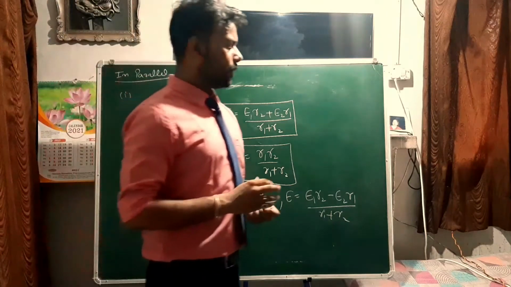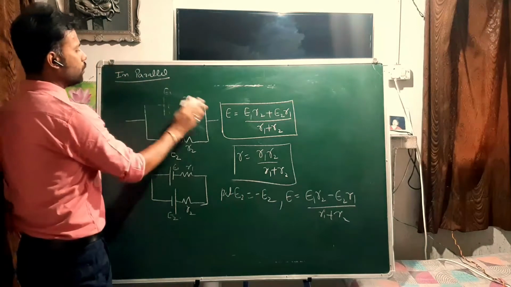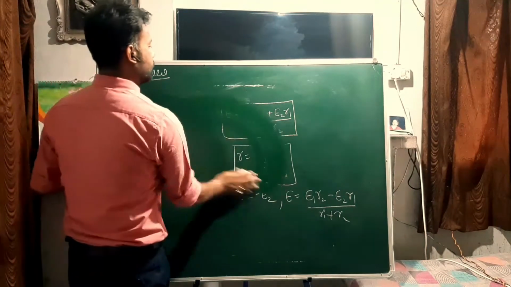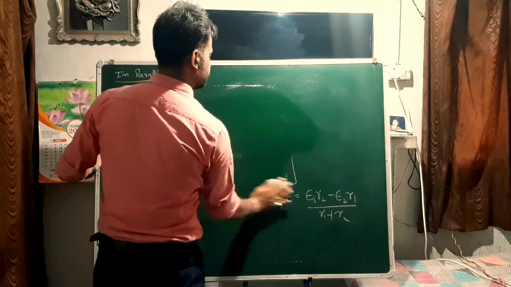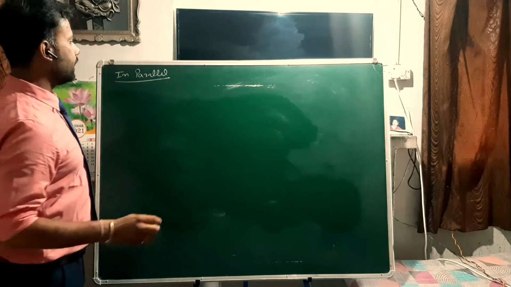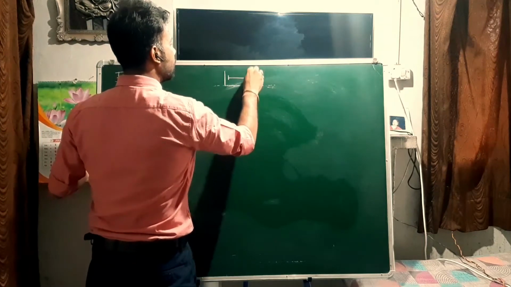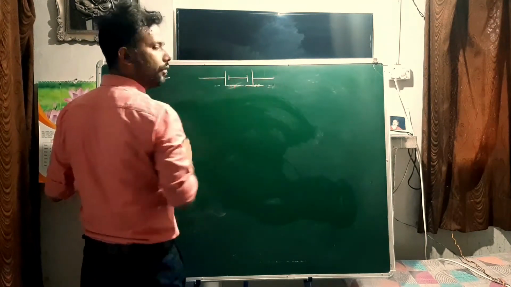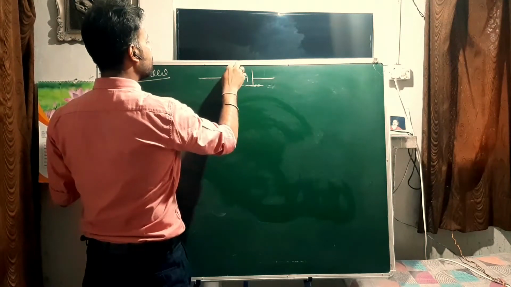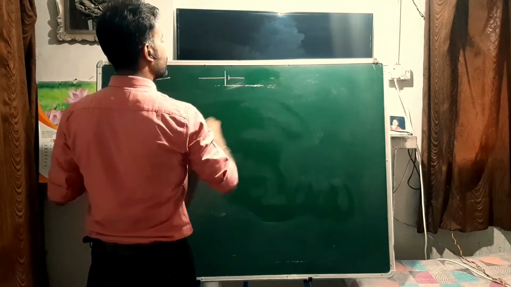Like I will give you one more example. When you have more than two cells connected to each other, then what you have to do? Suppose, let's say these are two cells, right? Let's do one thing, connect them in same polarity.